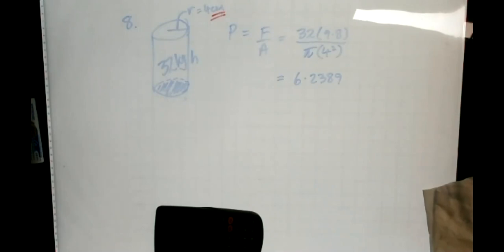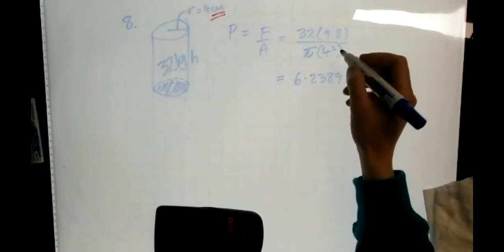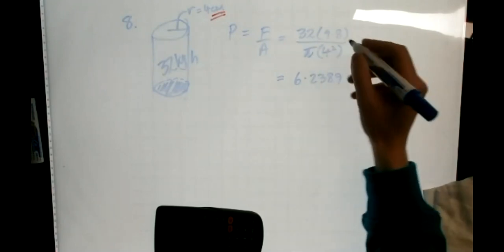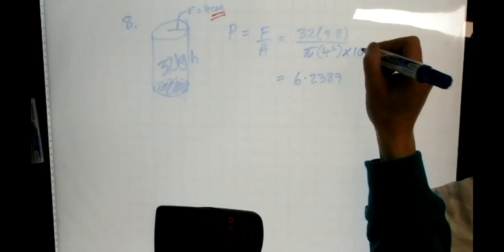The error comes from the units. The radius is in centimeters, so we must convert: centimeters squared to meters squared is times 10 to the power of -4.